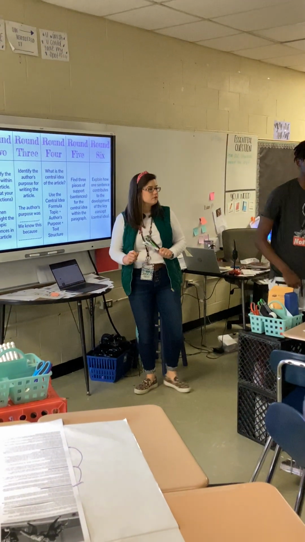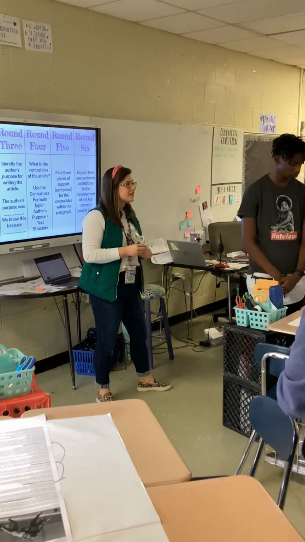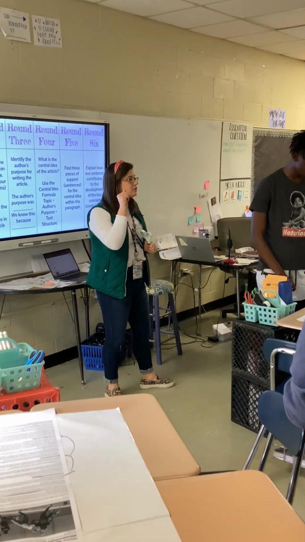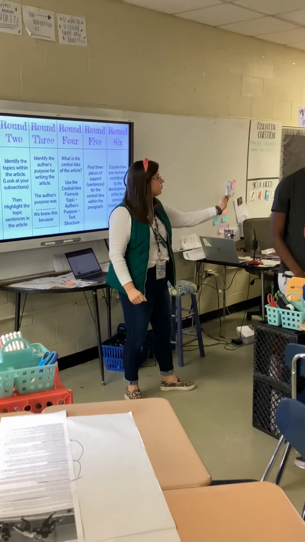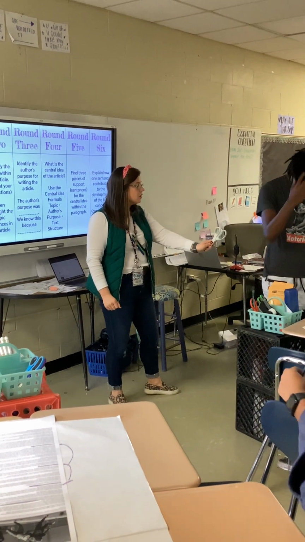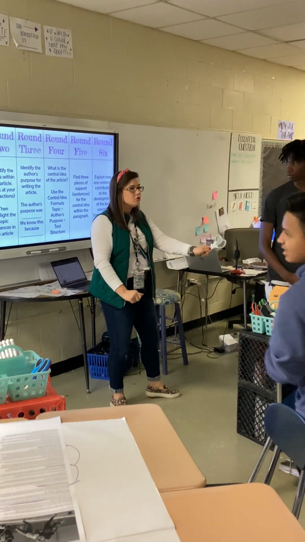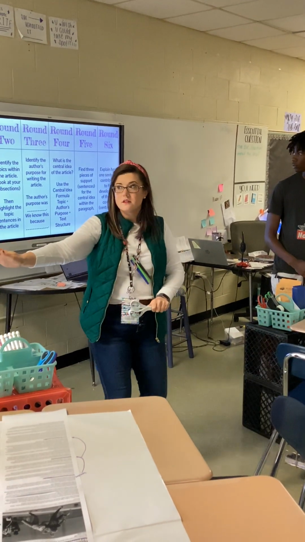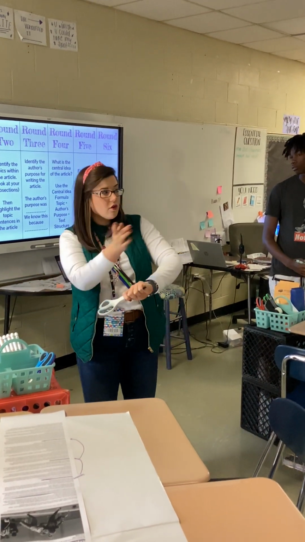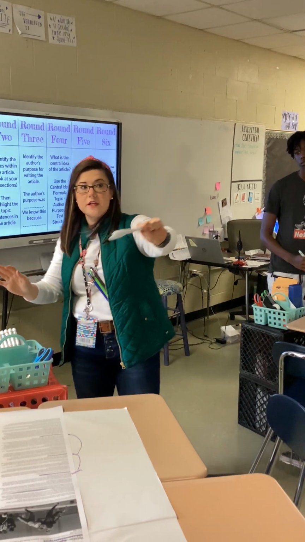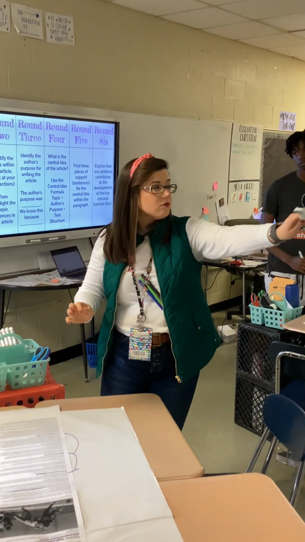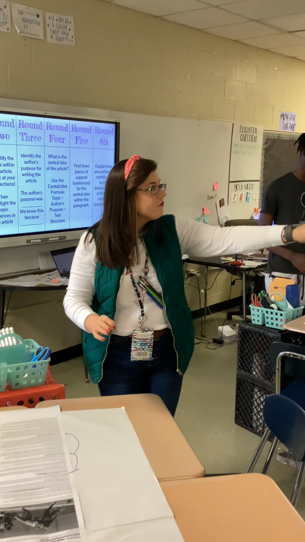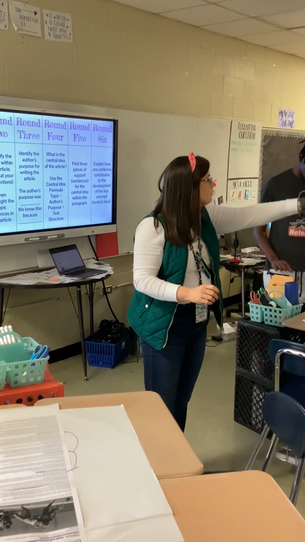All right, we are going to have 10 seconds. You are going to rotate with your marker. Group 1 will go to 2, 2 will go to 3, 3 will go to 6. Instead of crossing over, y'all are just going to rotate. 6 will go to 5, 5 will go to 4, 4 will go to 1.